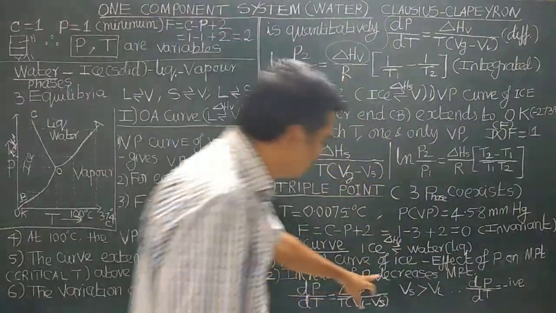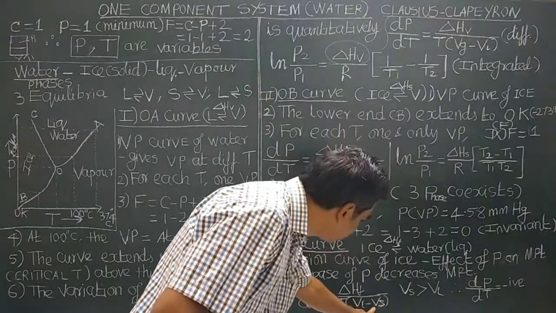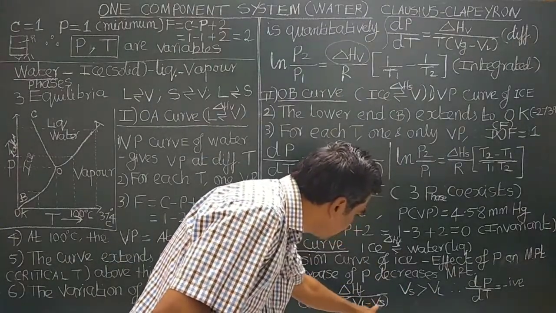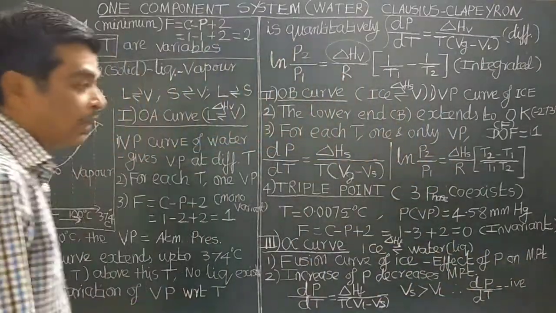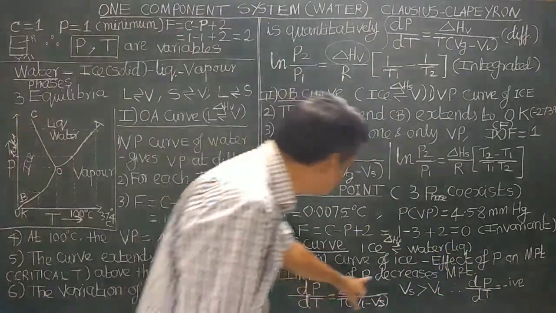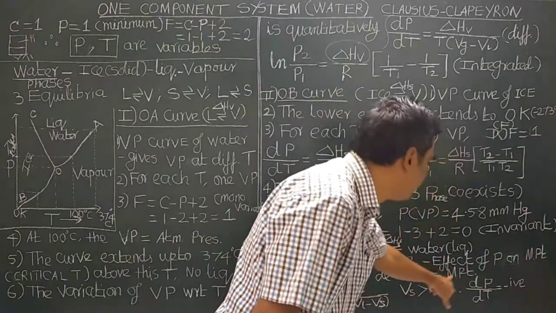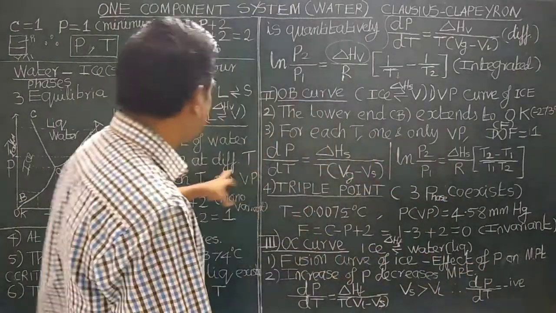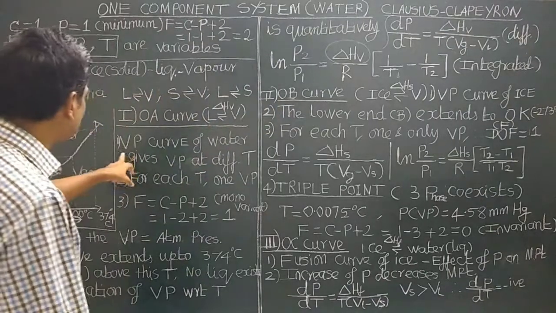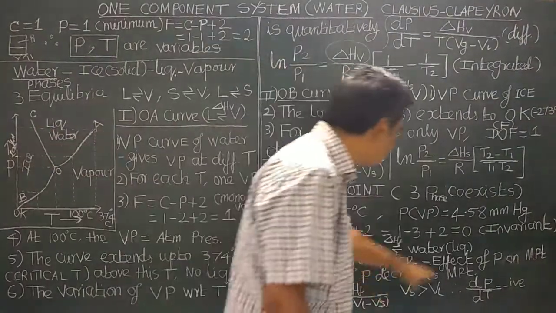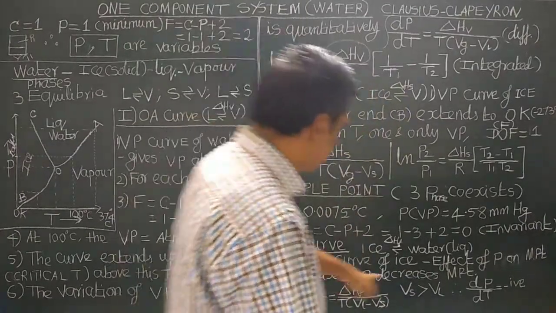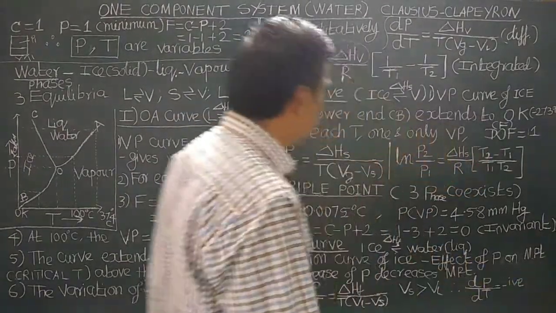If the volume of ice is greater, this term will be negative. Therefore, dP by dT will be a negative value. That's why increase of pressure decreases the melting point. Whereas for the vapor curve, increase of temperature increases the vapor pressure. Here, increase of pressure decreases the melting point, because dP by dT is negative.